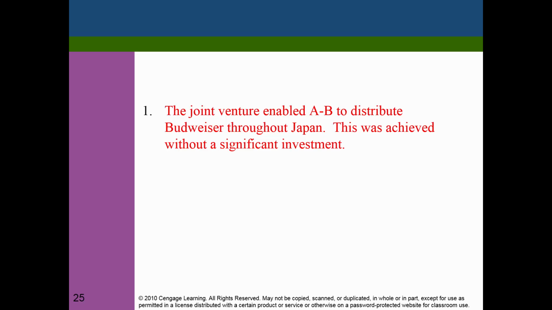And usually it's very difficult to start from scratch and establish a distribution network. The second is that they also could use Kirin Brewery's manufacturing facilities to produce the beer. And typically, to establish a manufacturing facility needs a very significant investment. They were able to avoid that by having the partnership with Kirin.